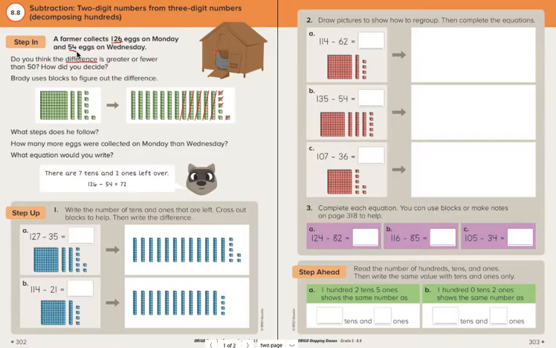So what I did is I looked at 126 and I found the nearest 10, the nearest decade number to 126, which is 130. Okay?